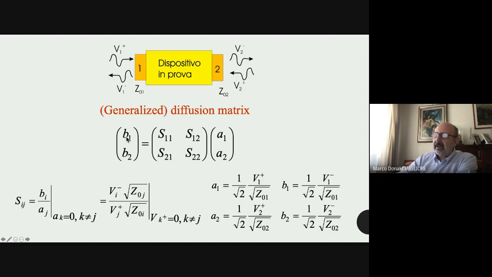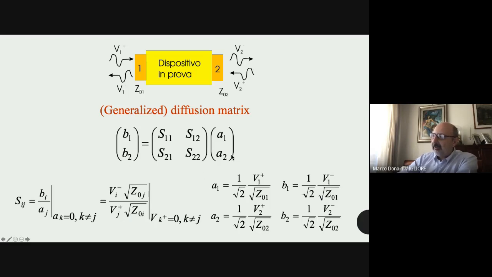These quantities are B and A. A is proportional to the voltage wave that goes inside the device, normalized by the input impedance. And B is instead proportional to the voltage that goes outside, normalized to the input impedance.